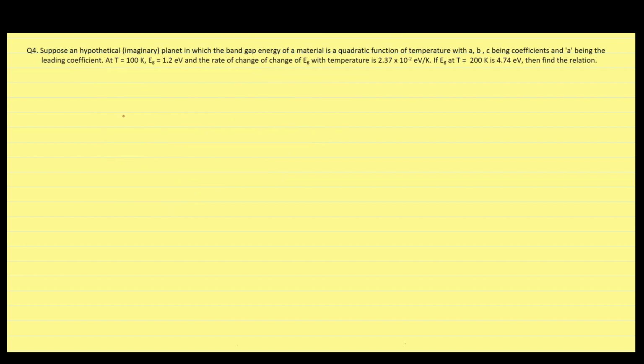Let us assume that band gap energy can be written as A T square plus BT plus C. Now, it is also provided that at T is equal to 100 Kelvin, band gap energy is equal to 1.2 electron volt, and it is also provided that the rate of change of energy band gap with respect to temperature is equal to 2.37 multiplied by 10 raised to the power minus 2 electron volt per Kelvin.